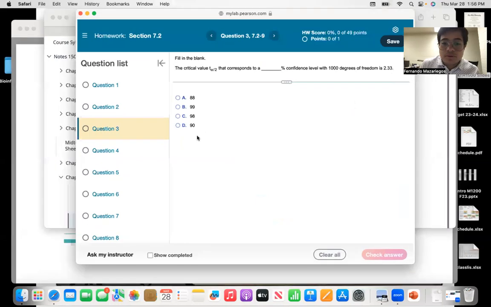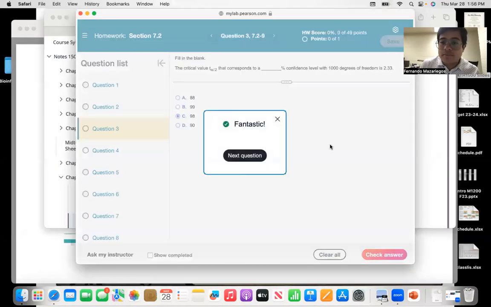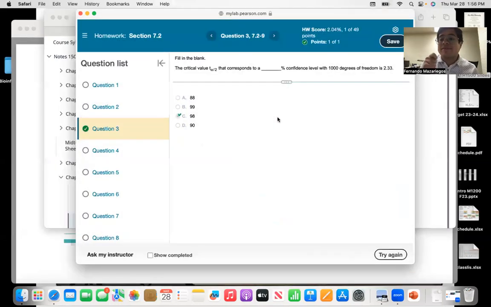And remember that 0.02 is alpha. So the confidence level is 1 minus 0.02, which is 0.98. And that 0.98 as a decimal is multiplied by 100 so that it becomes a percentage.